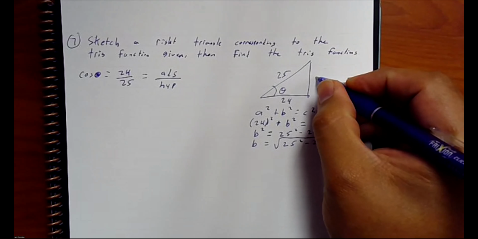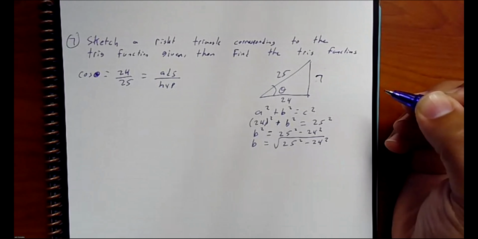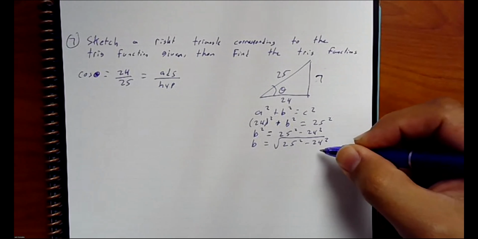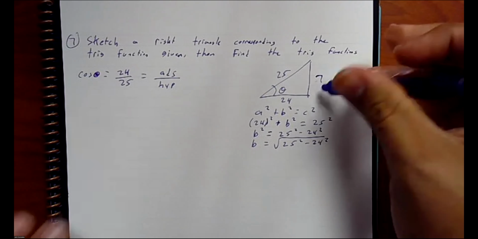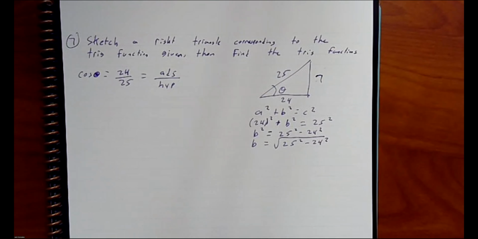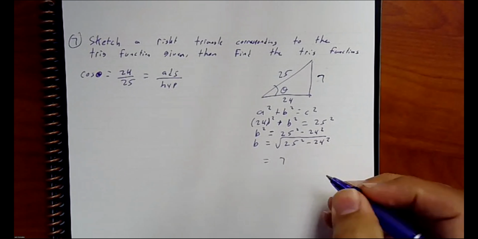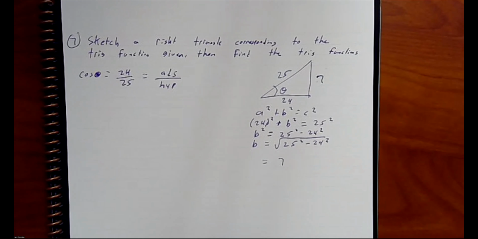Yeah, it looks like it. So the opposite side, was it 49 total or 49 inside the root? 49 inside the root. The total is 7. Okay. Cool. Thanks, man. Okay. So now that we have that, we can find all the trig functions.